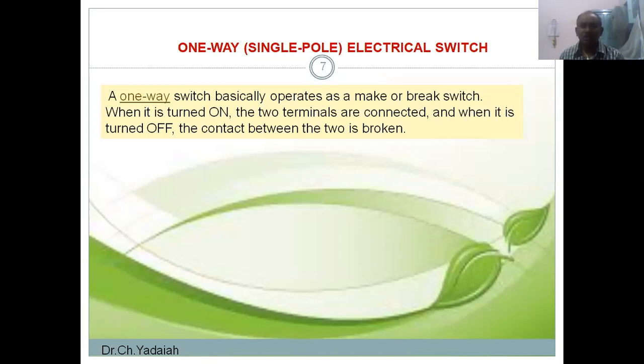When it is turned on, the two terminals are connected, and when it is turned off, the contact between the two is broken. That is normally already we did.